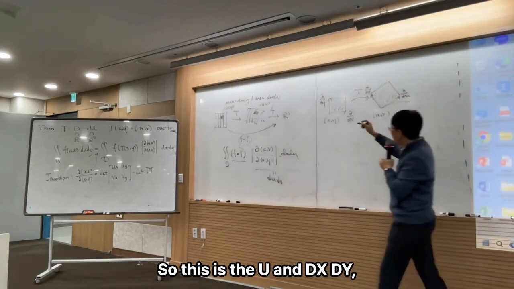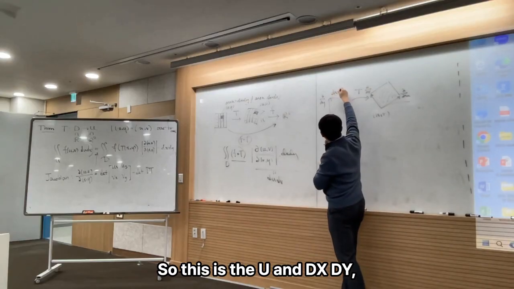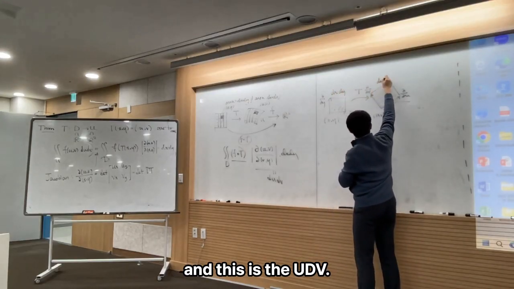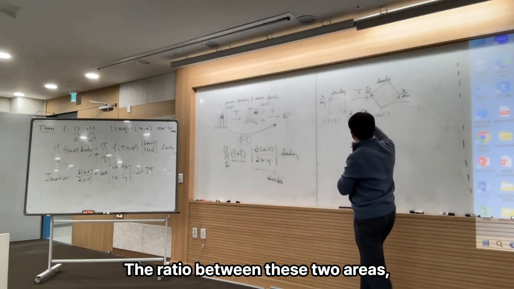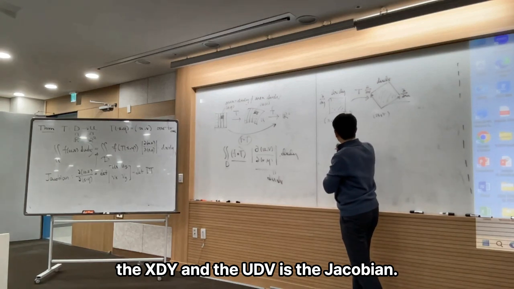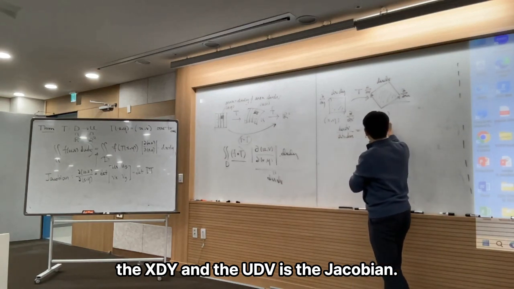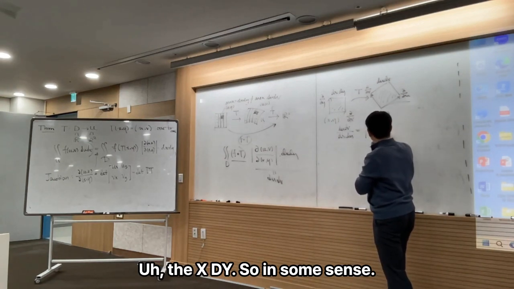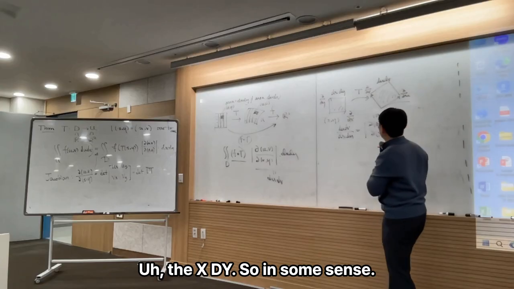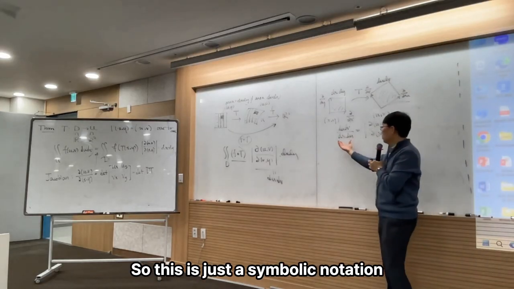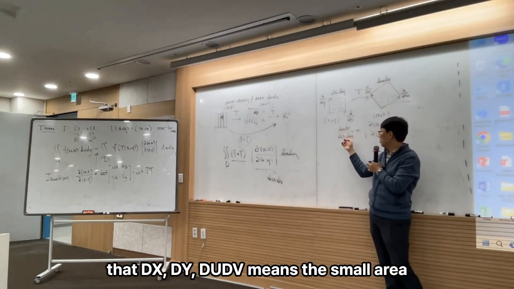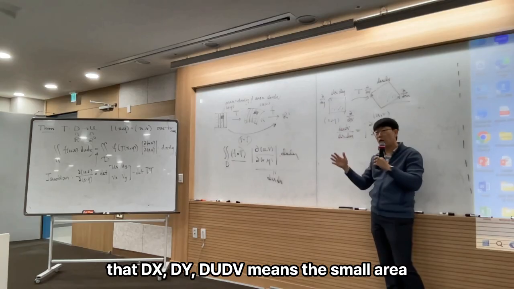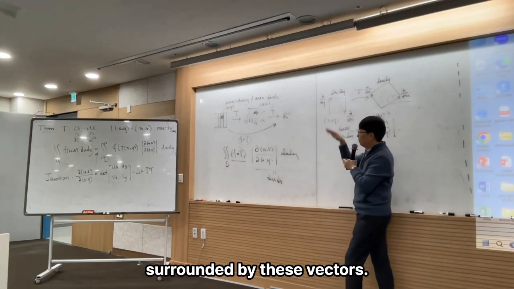Okay? So this is dx dy, and this is du dv. The ratio between these two areas, dx dy and du dv, is the Jacobian. So in some sense, this is just a symbolic notation that the Jacobian means the small area surrounded by these vectors.